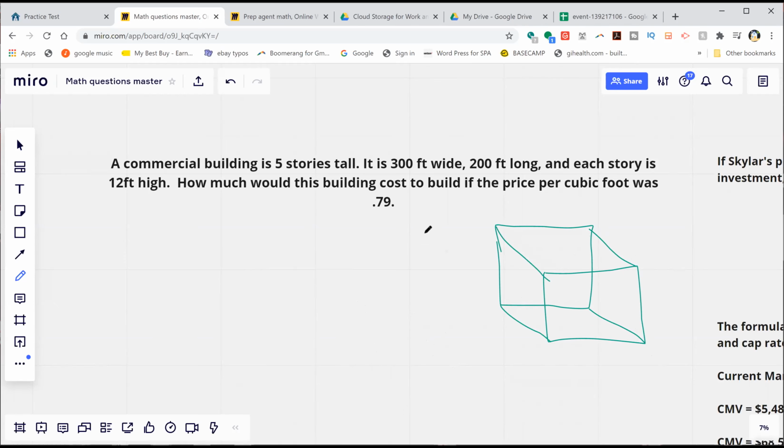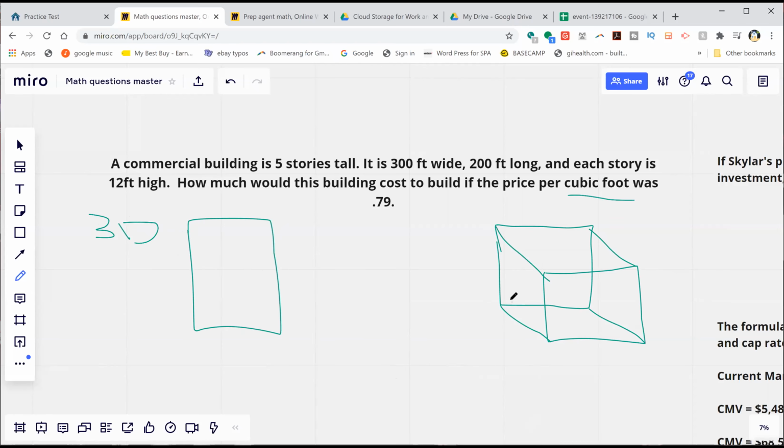Okay? So whenever we're talking about cubic foot, it is a three-dimensional object, okay? Square feet are flat. So if I had this, we would be talking about square feet because it's a square. When it comes to a cube, it has a third dimension. There's an X, Y, and also Z axis.